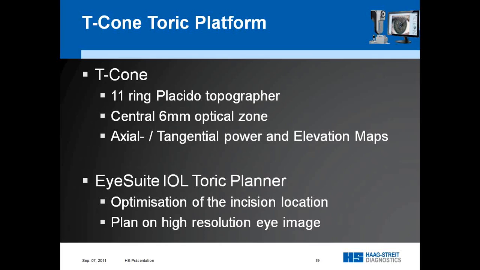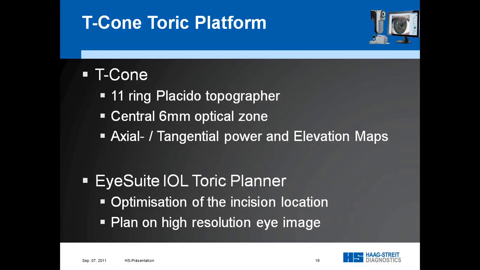The iSuite IOL Toric Planner, on the other hand, provides you with optimization of the incision location, if you wish to use it, and it allows you to plan your toric intervention on a high-resolution eye image of the patient.